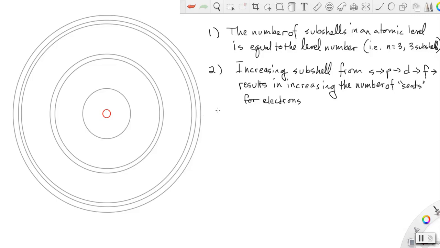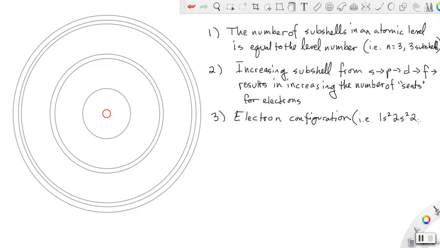The next thing is the electron configuration. What we're saying is, if we had an oxygen atom, we'd look at the periodic table and find out that a neutral oxygen atom has 8 electrons. So the first set of seats is occupied by 2 electrons of the 8, and then the second one is occupied by 2 more electrons out of the 8. So we have 4 out of the 8 total so far.